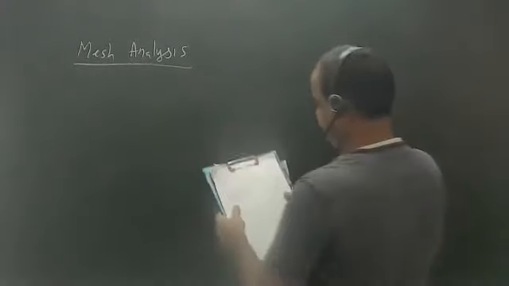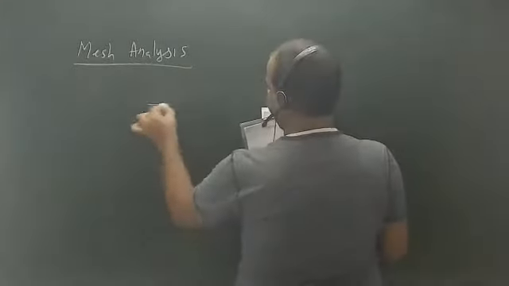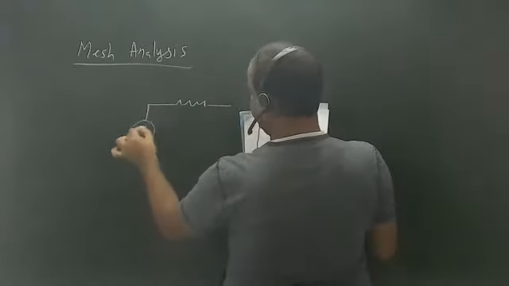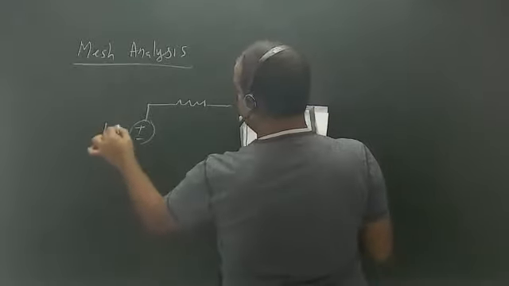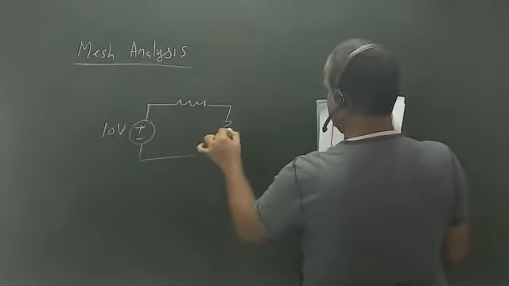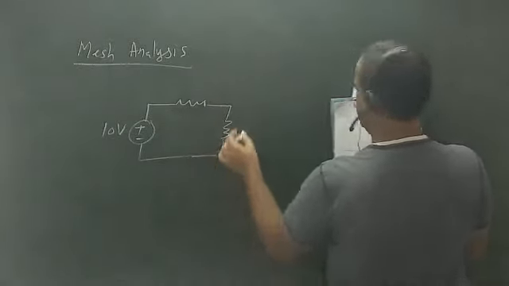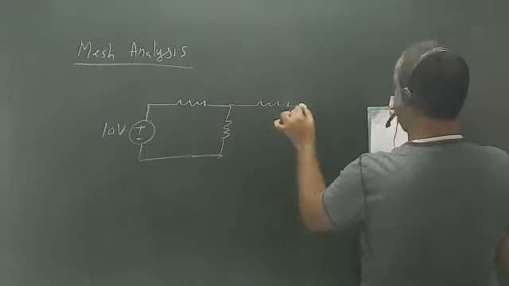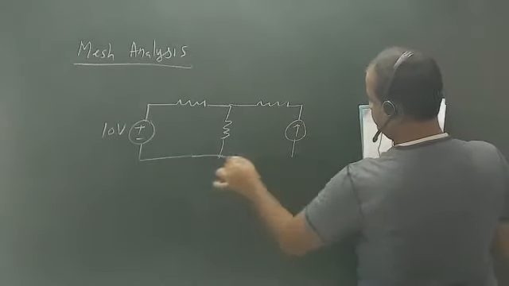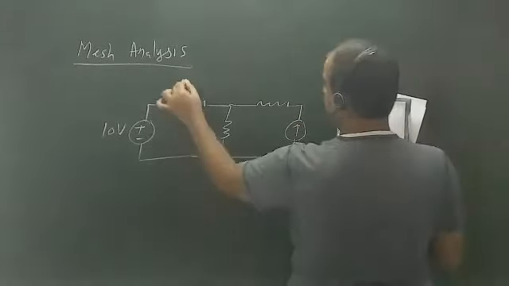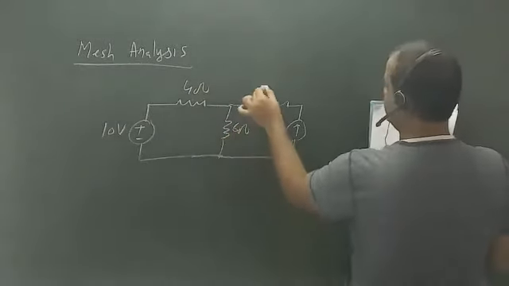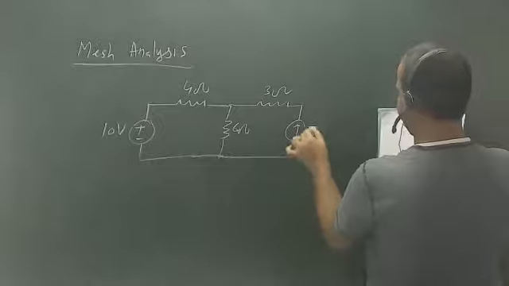Write one problem. Plus minus ohm is 5 ampere.